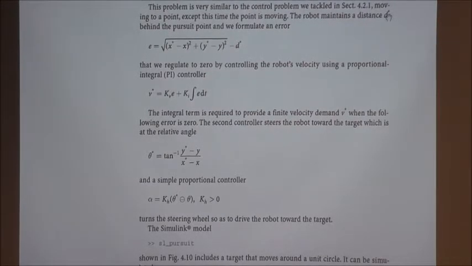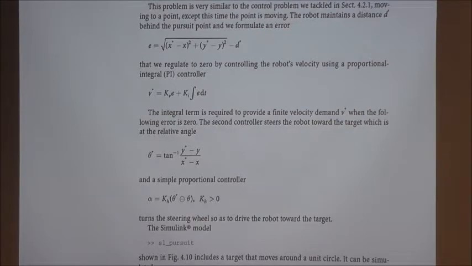The robot maintains a distance d star behind the pursuit point, and we formulate it as this. So d star is the distance that we know from the known initial condition and the known path. We know from here to here what distance is d star. And any given point in between is going to have that kind of error.